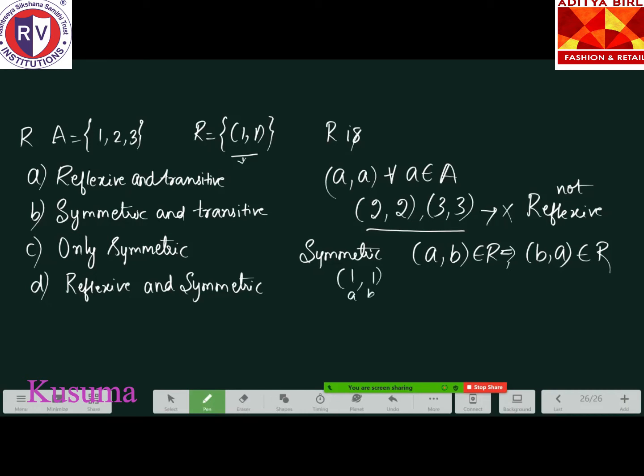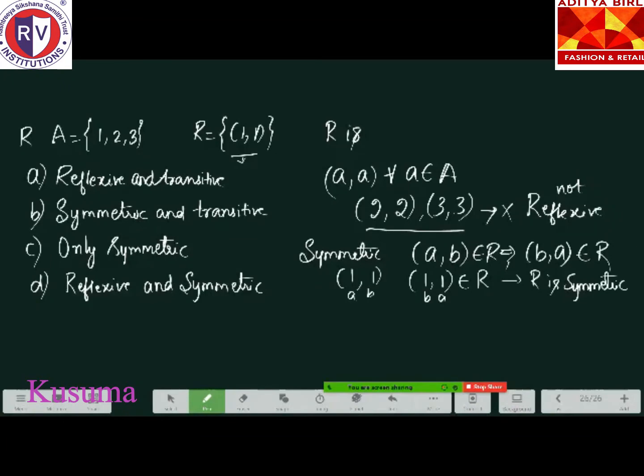Let this be A comma B. So what about B comma A? B comma A will also be 1 comma 1, because a comma b we have taken as 1 comma 1. So b comma a is also 1 comma 1, which is in the relation. Therefore the relation R is symmetric.